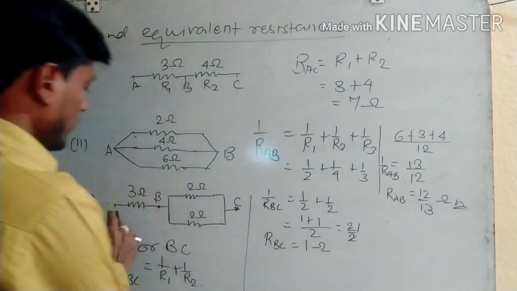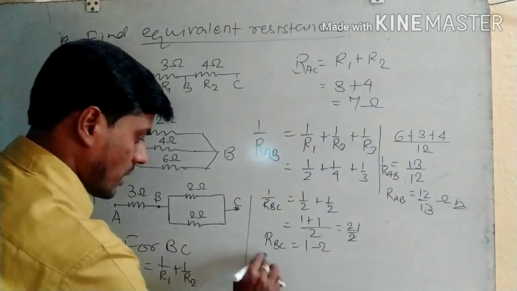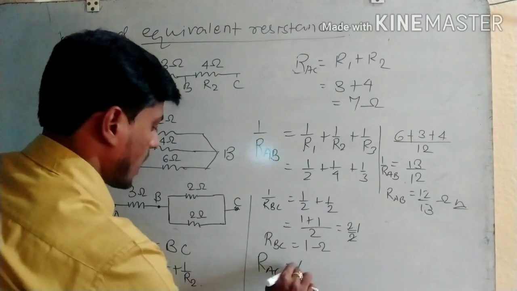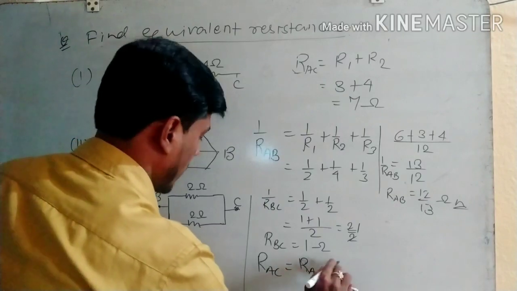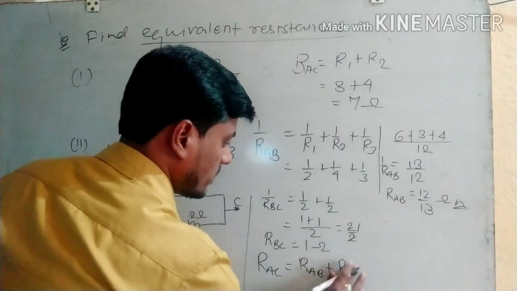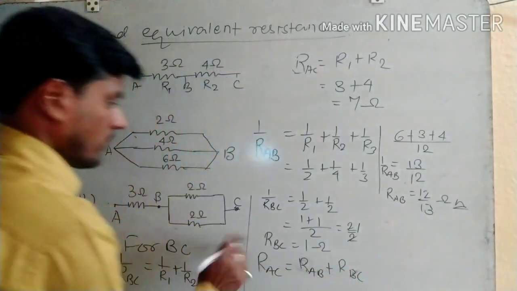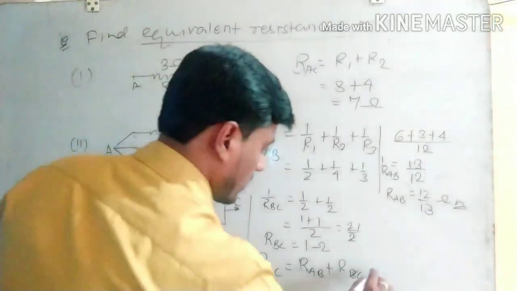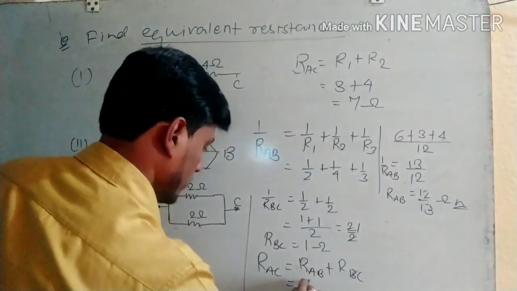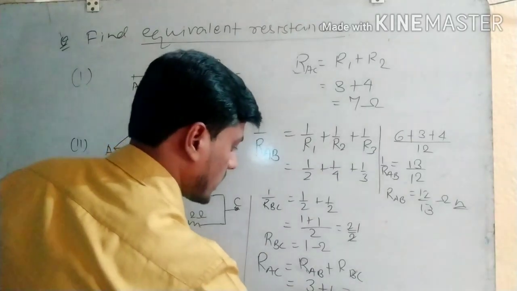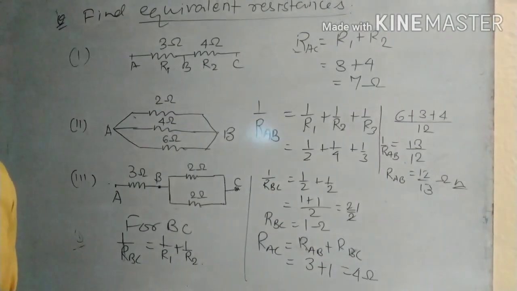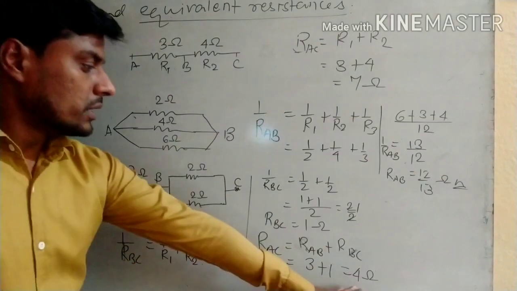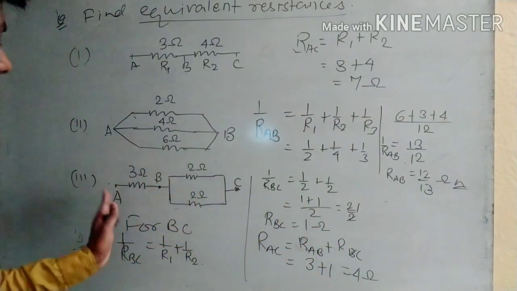Now we have to find AC. So RAC is equal to RAB plus RBC. We get 3 plus 1, that is 4 ohm. 4 ohm is the equivalent resistance for AC.